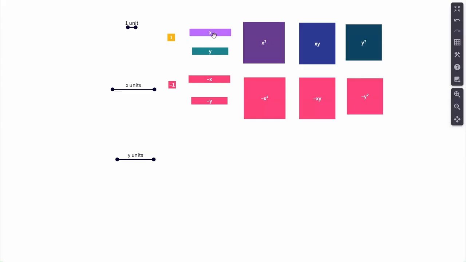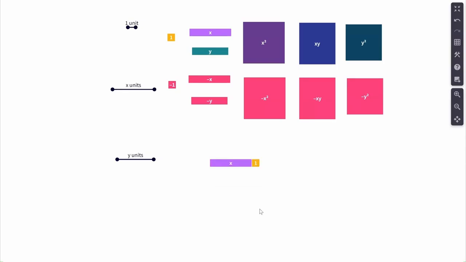The next thing we need to know is that we can take these tiles and combine them together. Let's make some copies. So we have 1 and an X, and if we just combine them together, we get X plus 1. So when we accumulate them, we might set them next to each other, we might set them apart, but if we accumulate a group of them, this is like totaling them together, we have X plus 1.